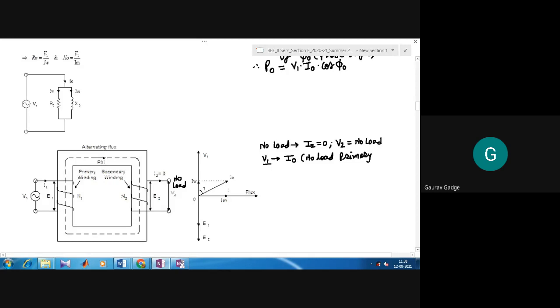But as I said in yesterday's class, when this I0 passes through the primary winding, the effects of that current are two.